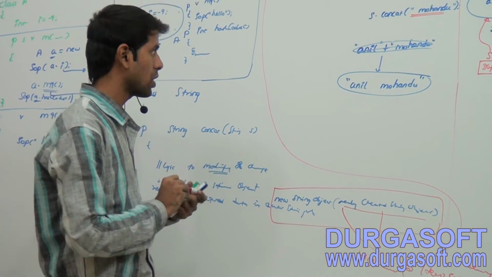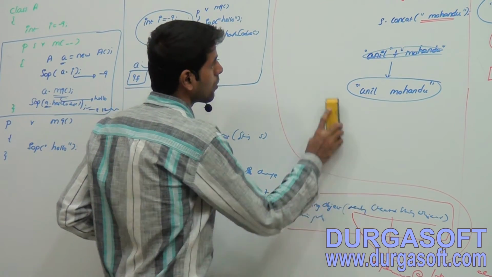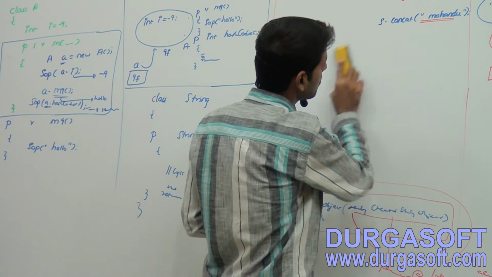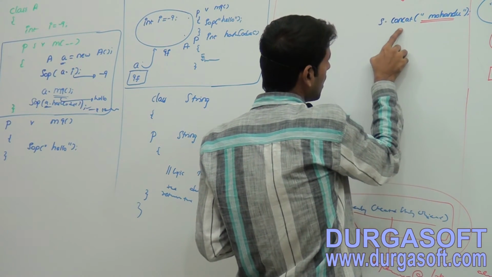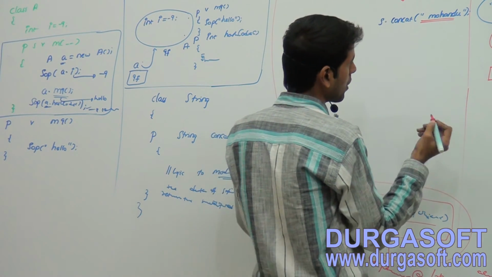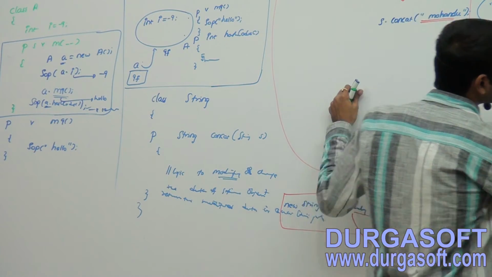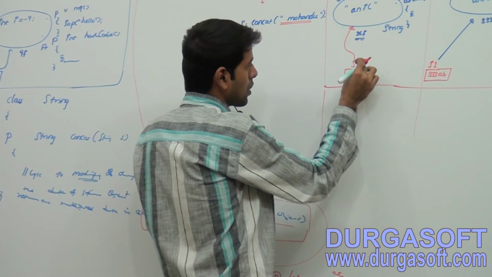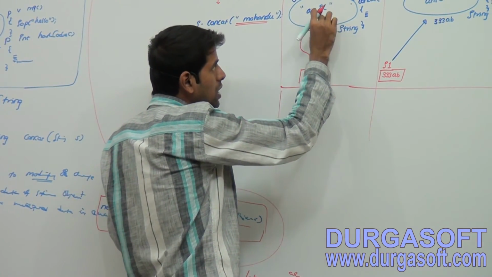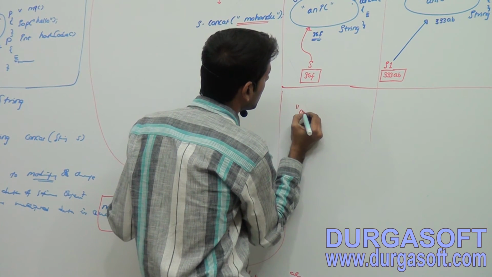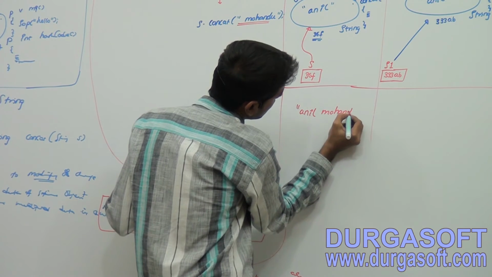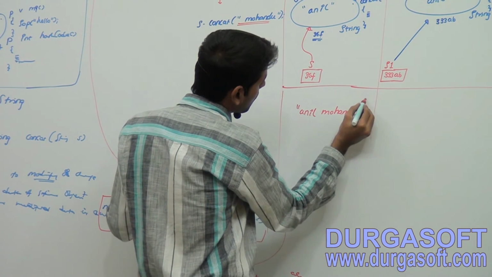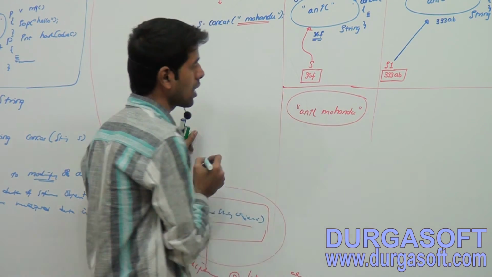Now observe here. What is happening? That's a simple thing. Now S dot concat of Mohandu: you are modifying the string object data, so it will create a new string literal, that is string data, within a new object.